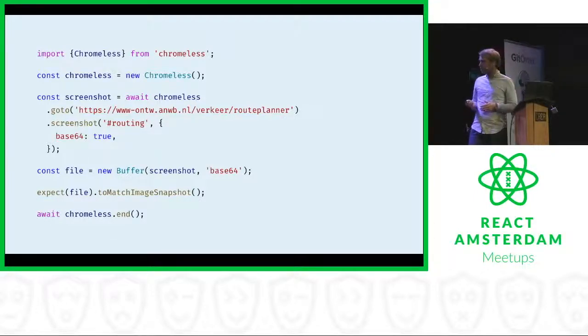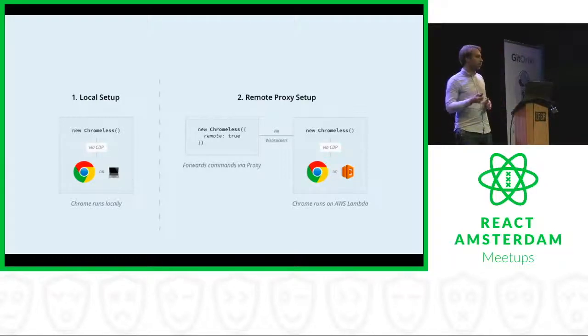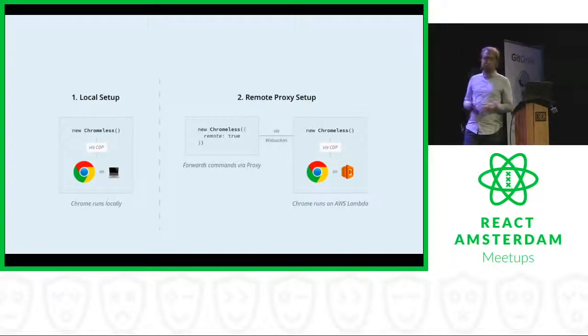But the cool thing it does is it allows you to run the headless Chrome browser in an AWS Lambda function, which solves one of the biggest problems with these kinds of tests: Selenium tests, for example, are really slow. They take a lot of resources, and it can sometimes take 20 minutes to complete all your tests if you have a lot of them.